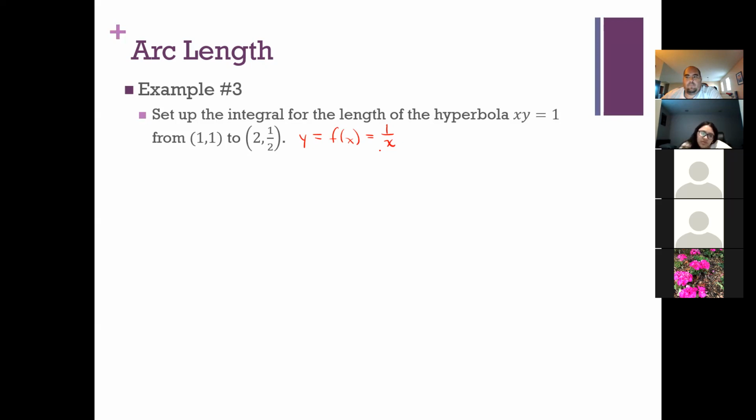Derivative of 1 over x. Okay. So we'll take a derivative of 1 over x. Might be helpful to do this, x to the negative 1.